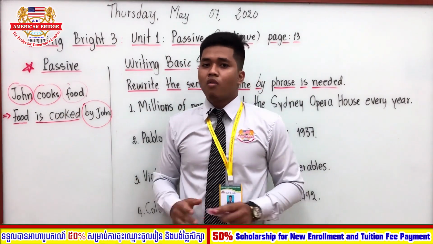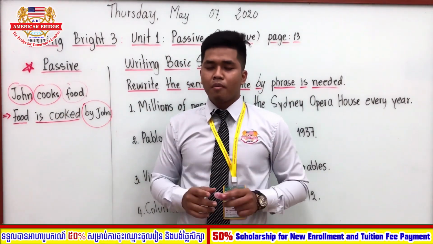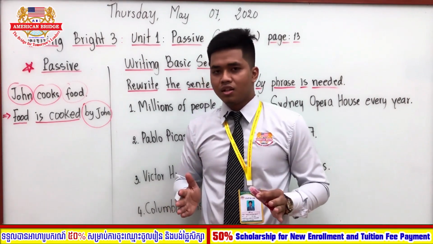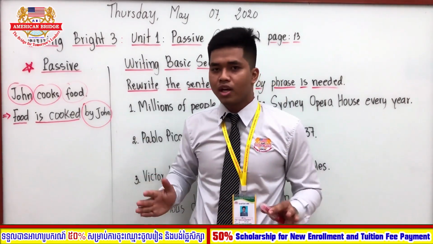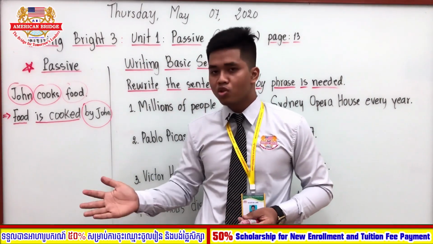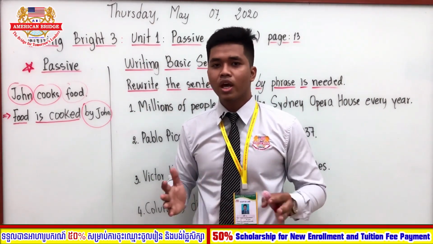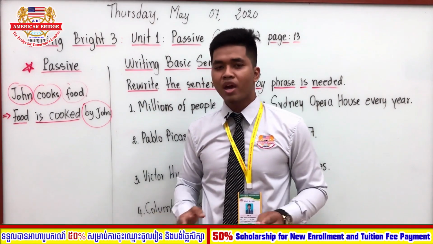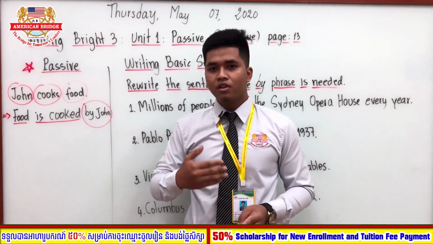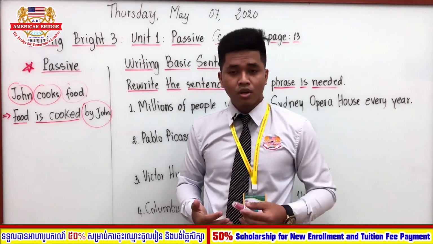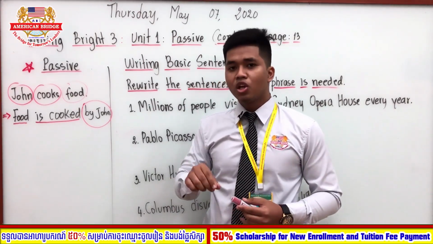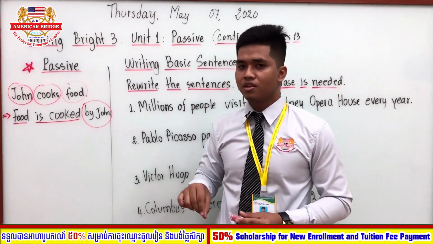Everyone, from our previous lesson, I think you remember I said that the by someone phrase here is optional. You can put it in your passive sentence or you can omit it. It depends on the context. If the agent is important for your topic, for your sentence, you should include it in your passive sentence.